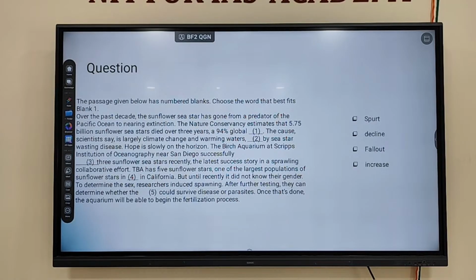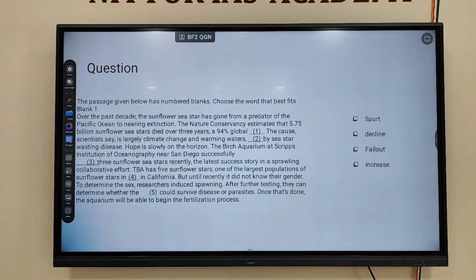The Nature Conservancy estimates that 5.75 billion sunflower sea stars died over the 3 years. A 94% global dash. The cause, scientists say, is largely climate change and warming waters. We get the point of what they're trying to speak about. Dash by sea star wasting disease.